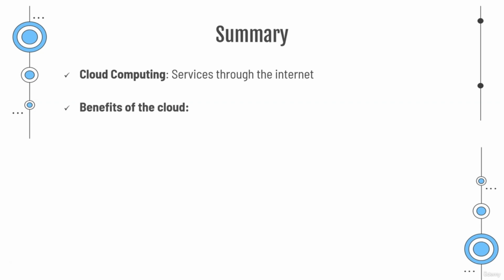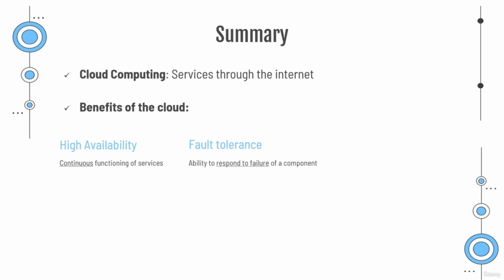And then we have learned about benefits of the cloud. We have heard about high availability first. This means that we have a continuous functioning of services. So a high uptime of our services and a low downtime of the services. We've also learned about fault tolerance, which is the ability to respond to a failure of a component.